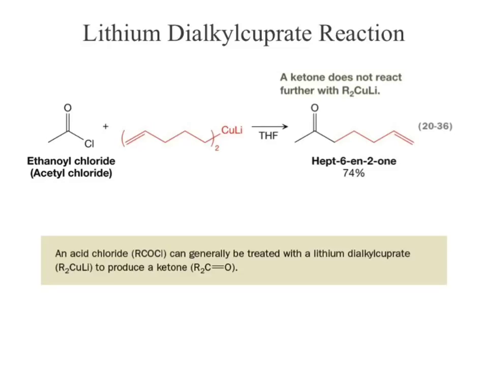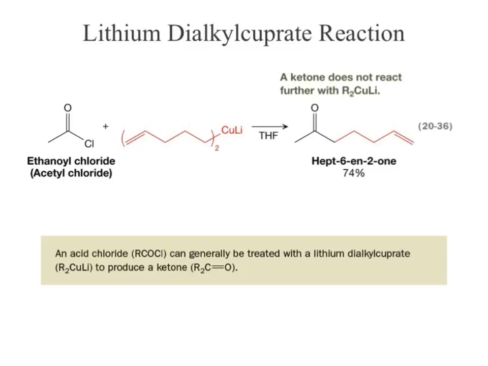The lithium dialkylcuprates go through and continue to react. You'll notice that they have an interesting feature. They actually stop at the ketone. Why do they stop at the ketone? Where do our lithium dialkylcuprates react?